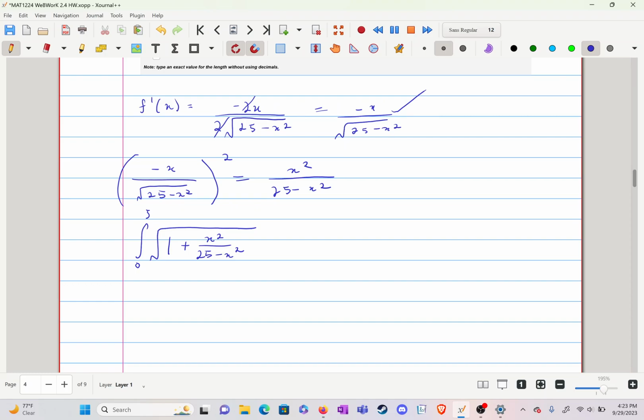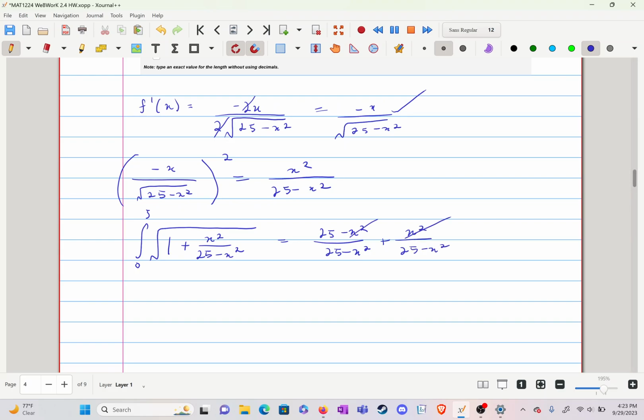We want to add this 1 to this expression. So we're going to make the denominator 25 minus x squared over 25 minus x squared, and add that to our expression here.